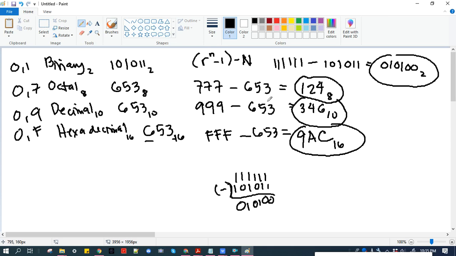If you are having difficulty memorizing this simplified process, you can always stick to the formula. R is the base, small n is the number of digits, and capital N is the number itself.